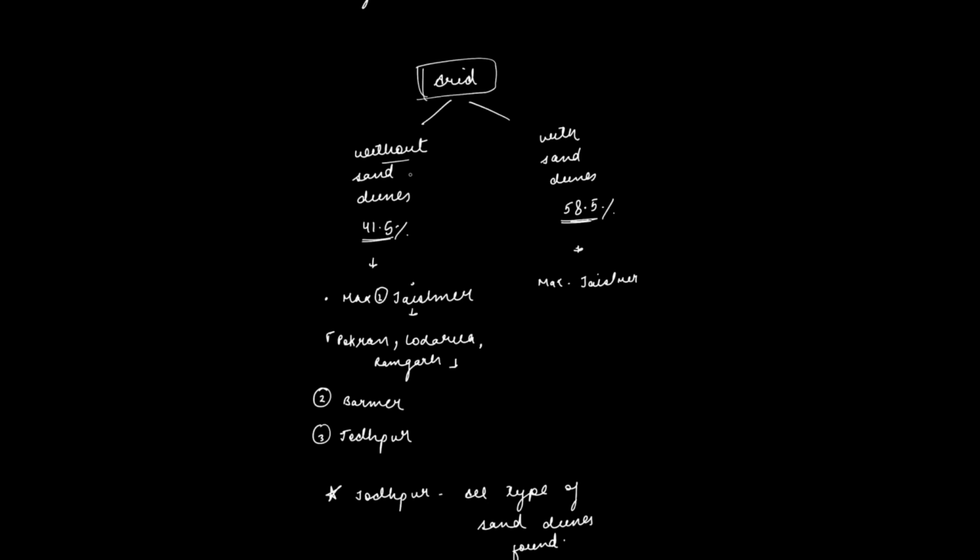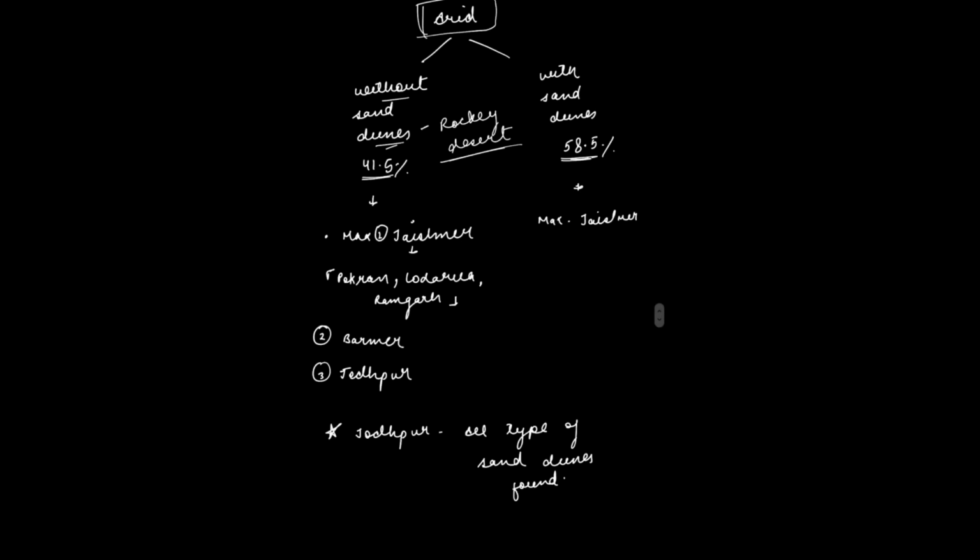And the reason of absence of sand dune is presence of rocky desert, right? Rocky desert is the desert in which you may say stones are present, due to which the sand dunes are not formed.